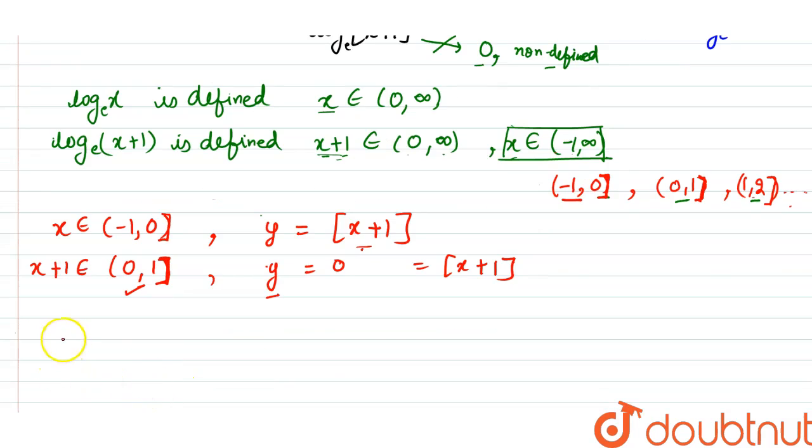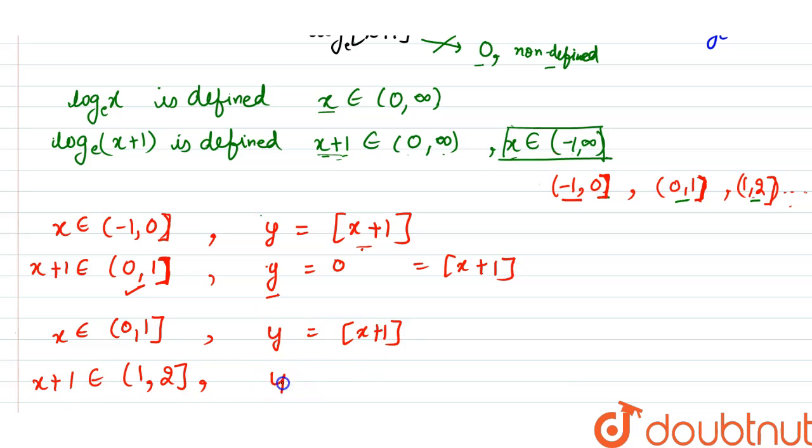Now similarly, if we take x in the interval 0 to 1, then x plus 1 should belong to 1 to 2, closed at 2. That means this y, the greatest integer function value, will turn to 1 for this interval. That is, we have the greatest integer value of x plus 1 as 1, and here it is 0.